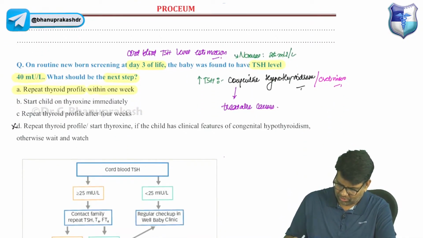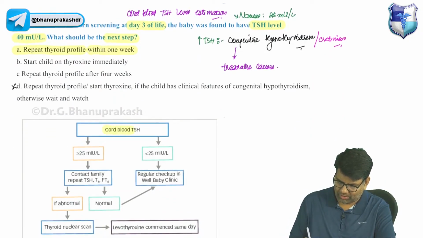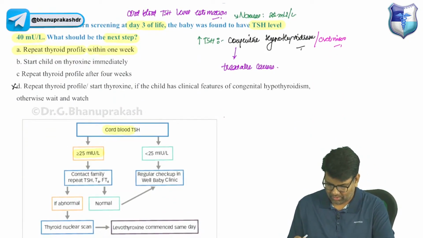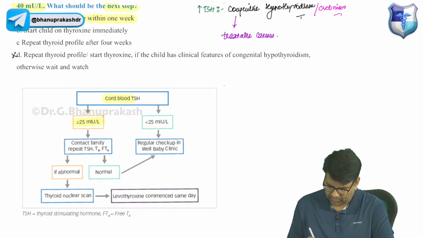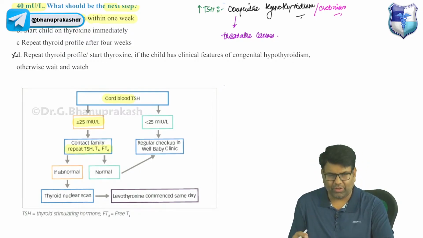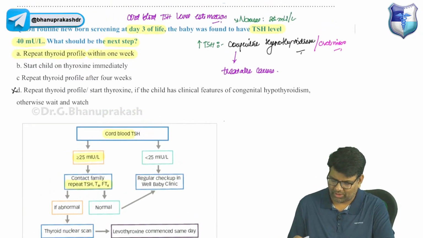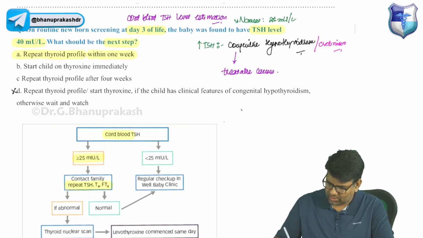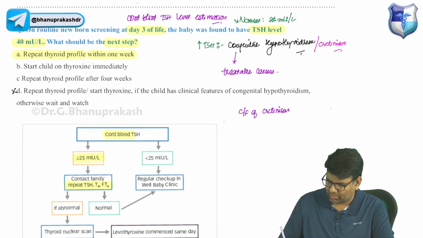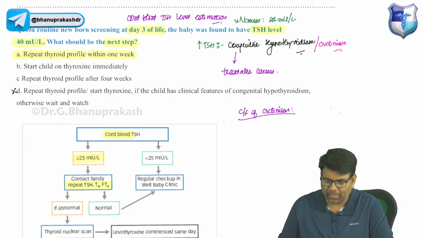So the usual algorithm says that if you find cord blood TSH more than 25 milli-international units, you have to repeat after some time, and then if it is abnormal, then you can think of the possibility of cretinism. Now, just few words about clinical features of cretinism. Any idea what are the clinical features of congenital hypothyroidism?